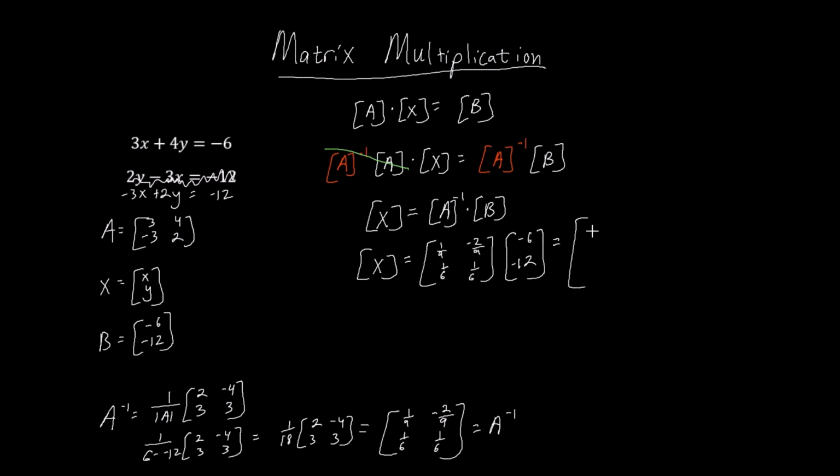So 1/9 times negative 6 plus negative 2/9 times negative 12. And then the next one, we've got 1/6 times negative 6 plus 1/6 times negative 12.